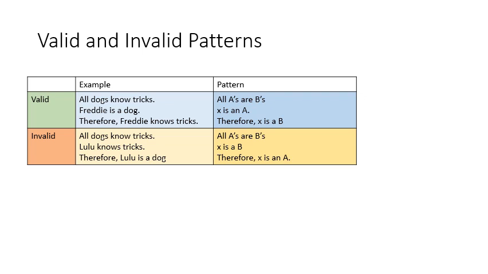If you look to the right of this Freddie argument, the pattern it follows is something along the lines of: all A's are B's, where A's are dogs and B's are things that know tricks. And Freddie has been replaced with an X. So X is an A, therefore X is a B.